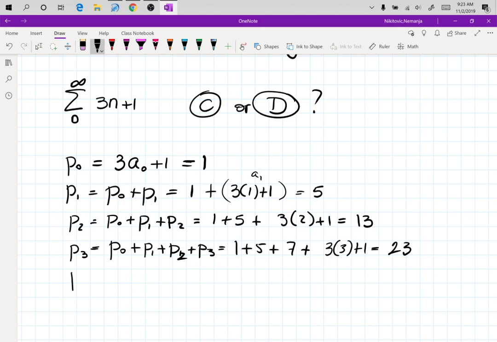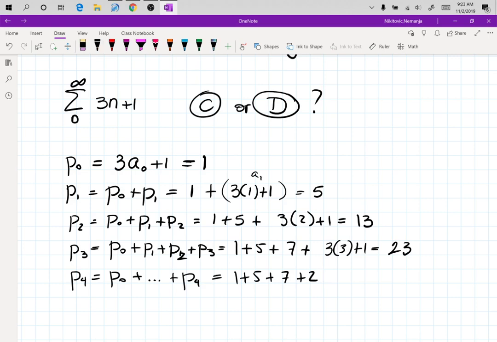So let's do a P4, but I'm going to abbreviate. That's a0 plus dot dot dot plus a4. And that's going to be 1 plus 5 plus 7 plus 20. No, wait. It shouldn't be plus 7, I think.